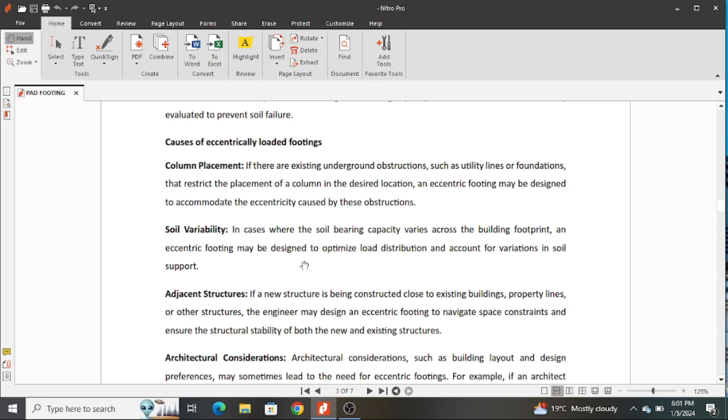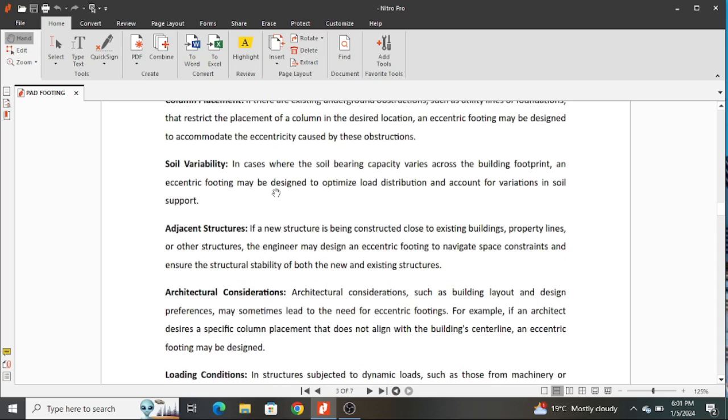And soil variability: sometimes if the footing is so big, you might have bearing capacity varying across the building footprint. Therefore, an eccentric footing sometimes is possible so that you optimize the load distribution on account of variation in soil support. Sometimes you have adjacent structures to your structure.